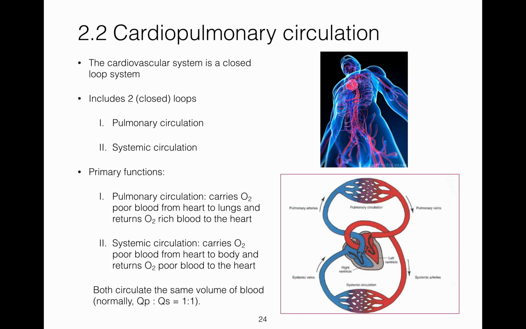The systemic circulation carries oxygen-rich blood from the heart to the body and returns oxygen-poor blood back to the heart. Both circulate the same volume of blood. Normally, flow in the pulmonary system and flow in the systemic system is 1:1.